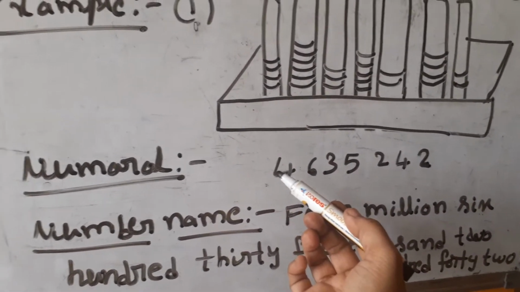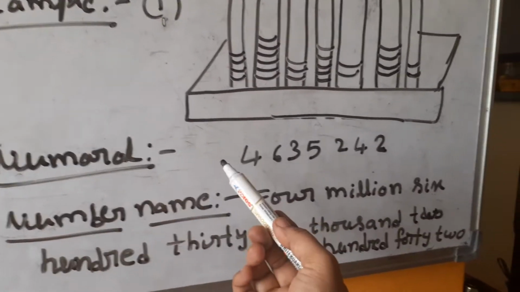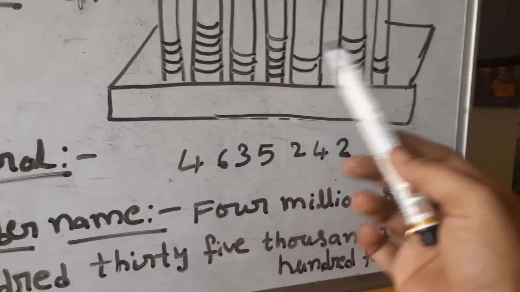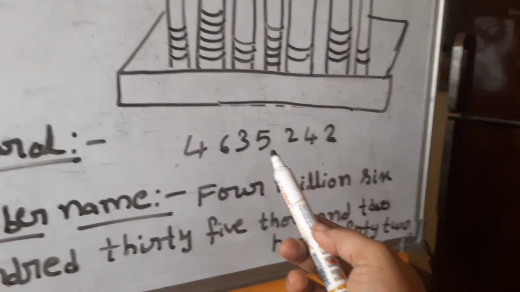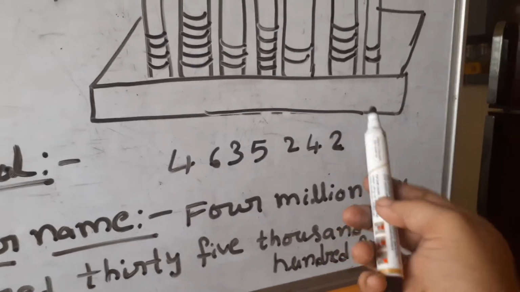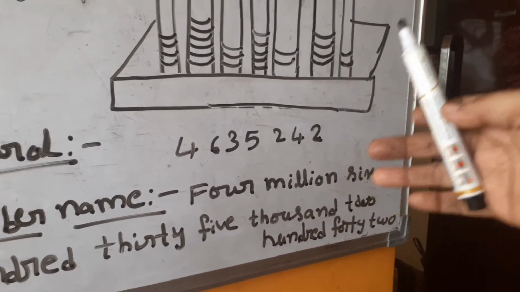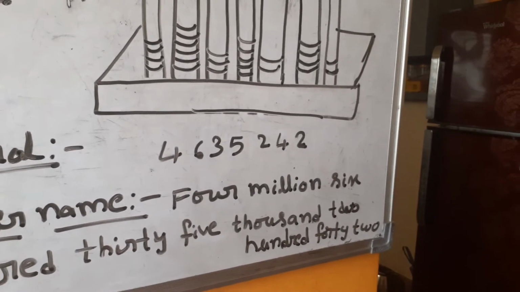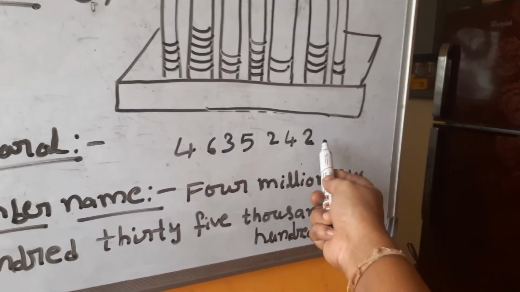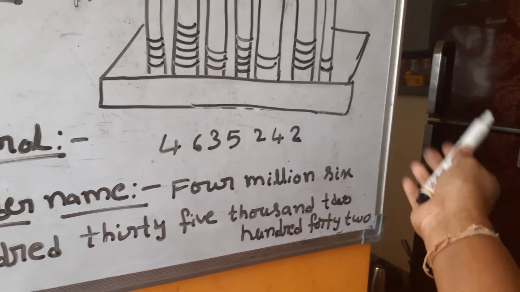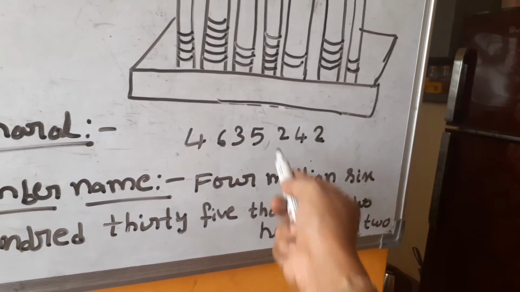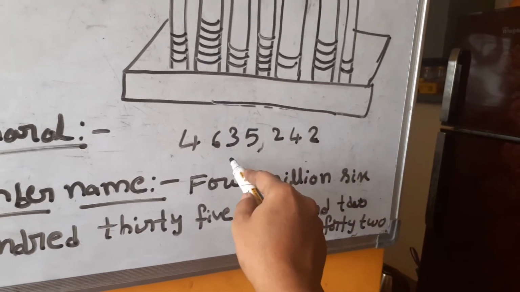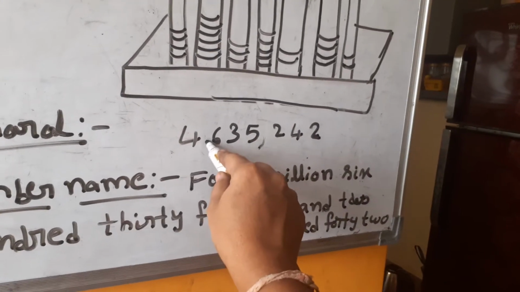First we made the numeral. Next we put commas. In the international system, how do we put commas? We start from the right side: after 3 digits, 2, 4, 2, we put a comma. After the next 3 digits, we put one more comma.